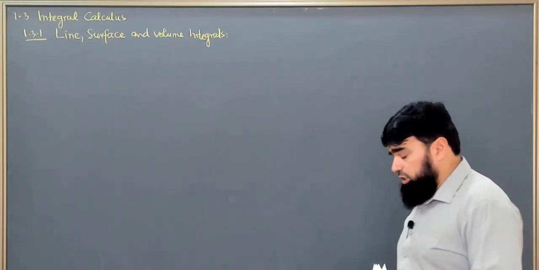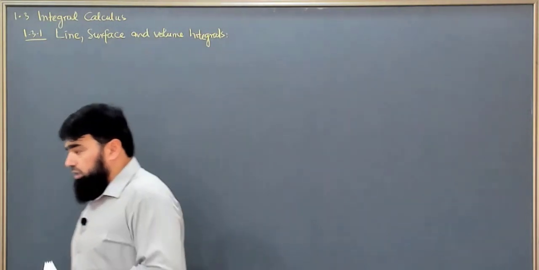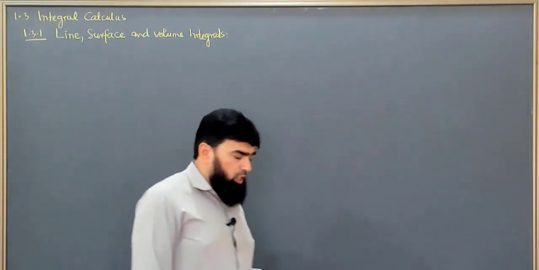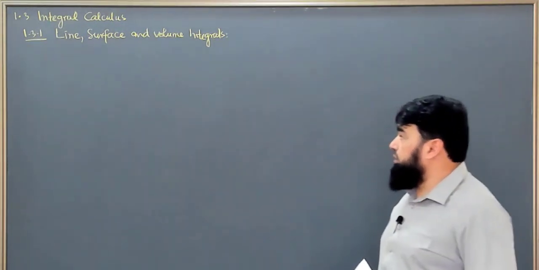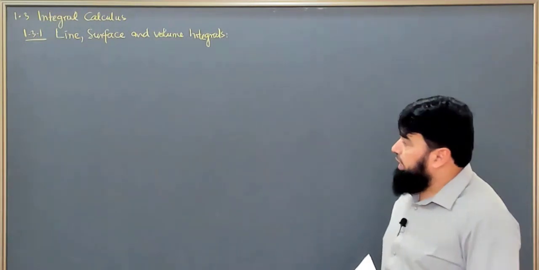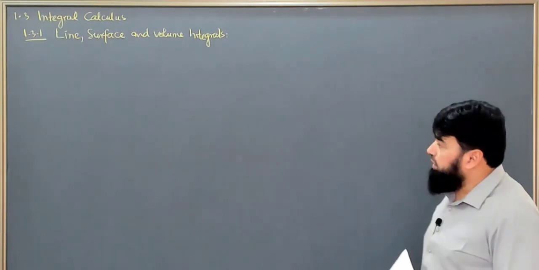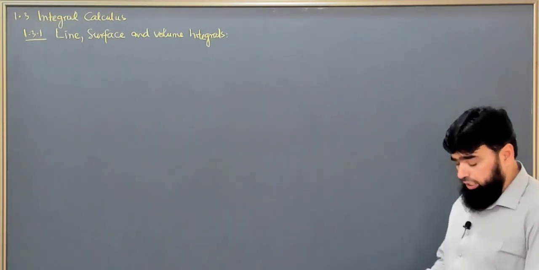So, as we did in the differential calculus, where we calculated some parameters, now we will go on with the integral calculus: the line and path integrals, the surface or flux integrals, and the volume integrals.